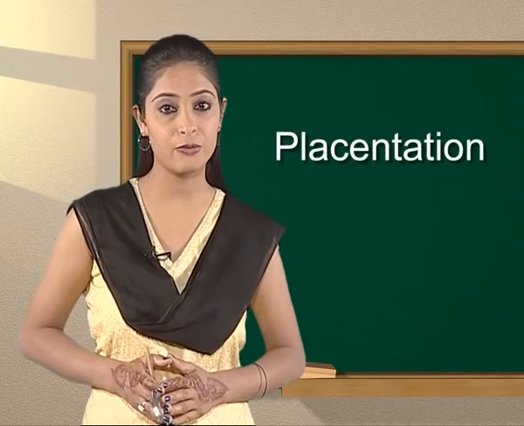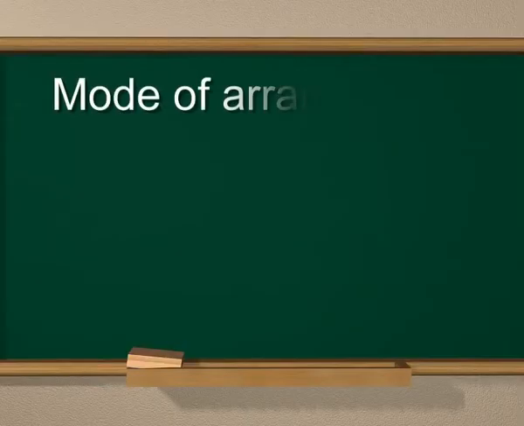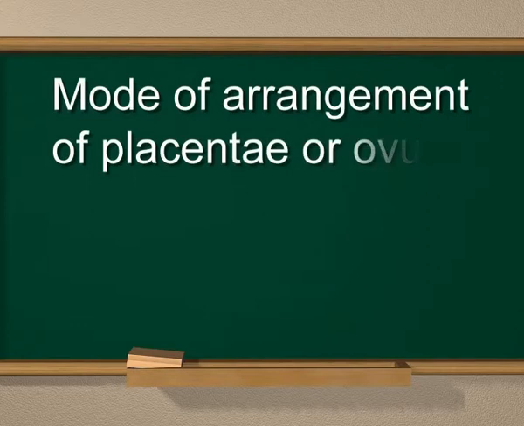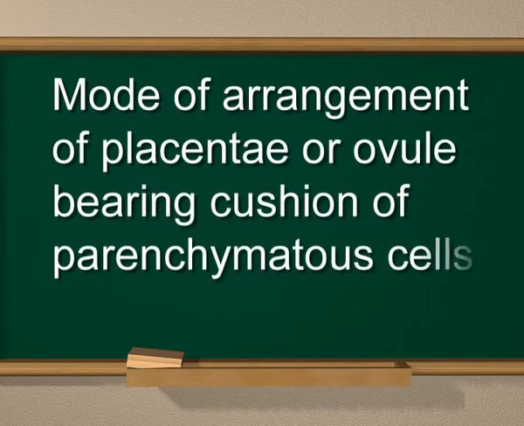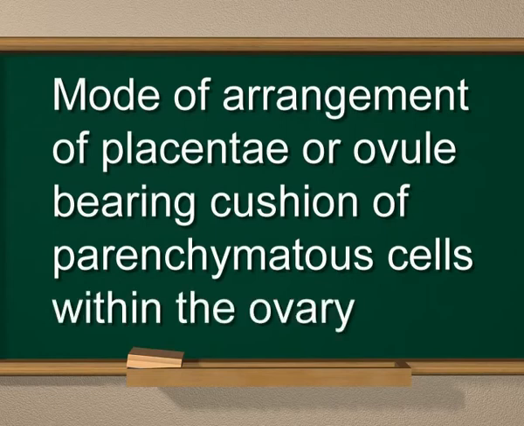In other words, placentation is the way in which carpels are fused together and the resulting position of the ovules within the ovary. Placentation may be defined as the mode of arrangement of placentae or ovule-bearing cushion of parenchymatous cells within the ovary.